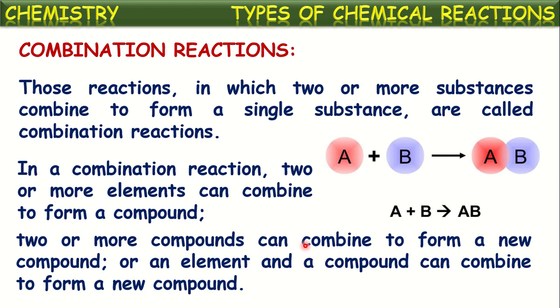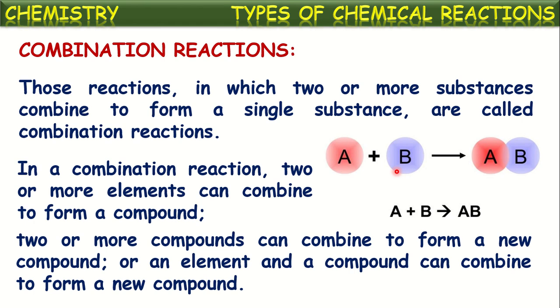So with the different combinations, these combination reactions may occur. In this way, two or more substances combine together to form a new substance. These are called combination reactions. So here A and B might be two elements, or two compounds, or one compound and one element. The combination might be between any.